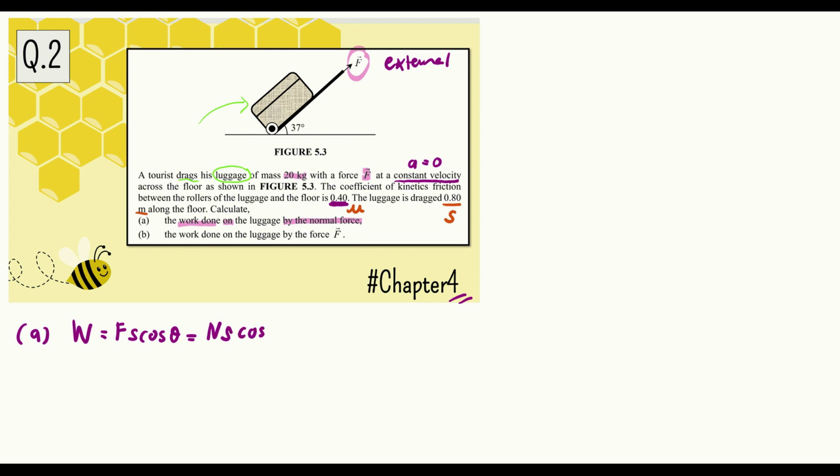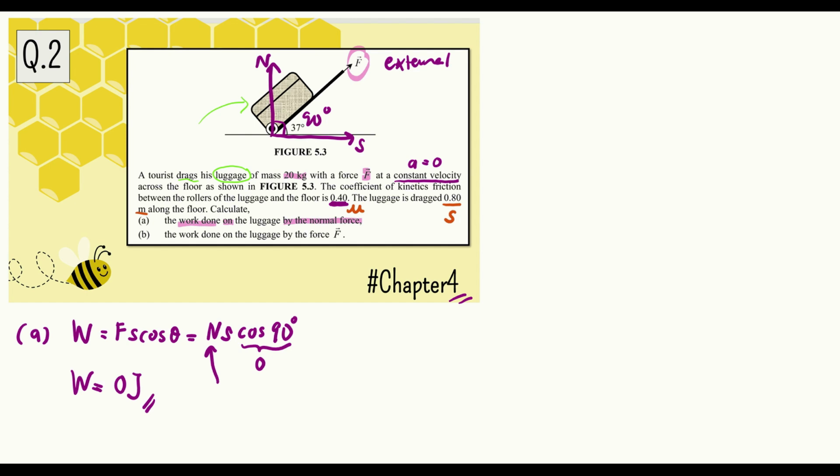The angle between the normal and the displacement is 90 degrees, and cos 90 degrees is equal to 0. Then we can straight away get the answer. Work done is equal to 0 joule. We don't need to find the value of the normal, as we know one of the quantities is 0.